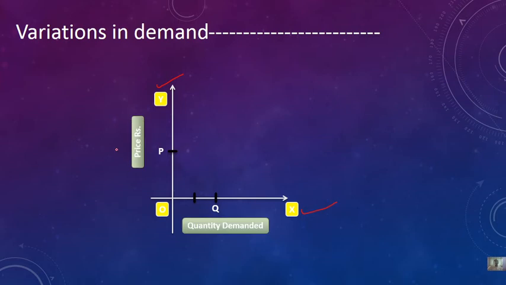On the y-axis we show price, on the x-axis we show quantity demanded. This is the original price, that is P. This is the original quantity, that is Q.